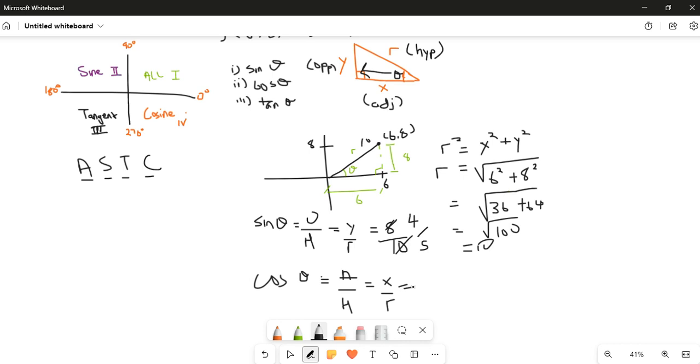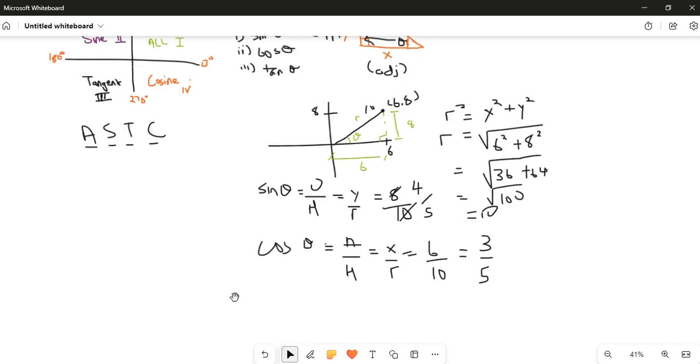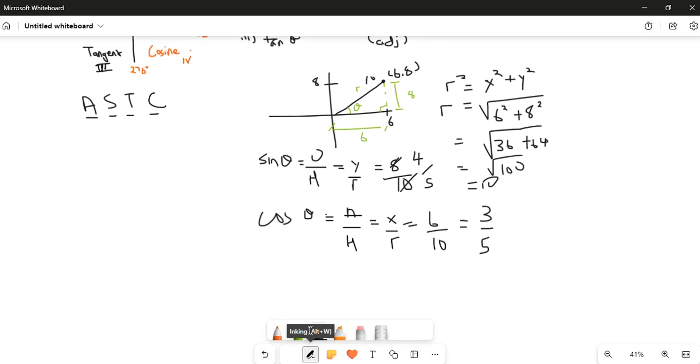So you're going to say 6 divided by 10, which can be simplified to 3 over 5. And then finally, we can get tan theta.